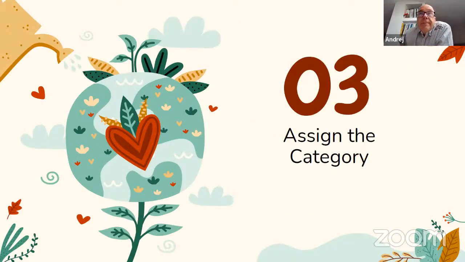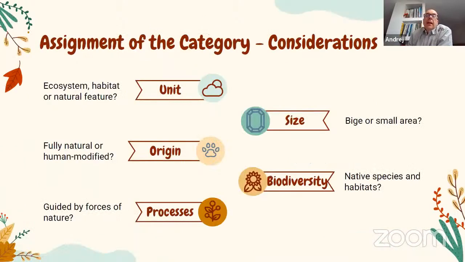So the categories. What category to assign? So let's go to the next slide. There are 5 considerations when we talk about a protected area category. Are we talking about the ecosystem, the habitat, or the natural feature? Is this a big or a small area? Is this a fully natural or human modified area?